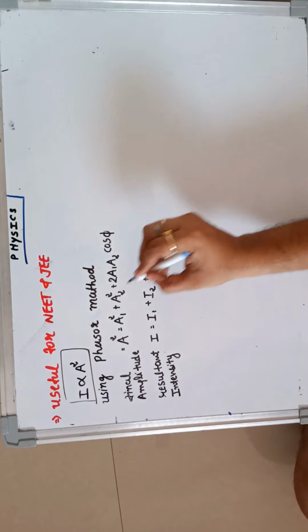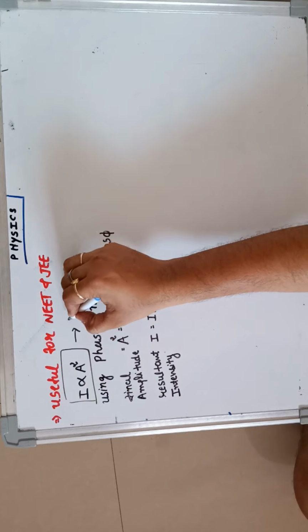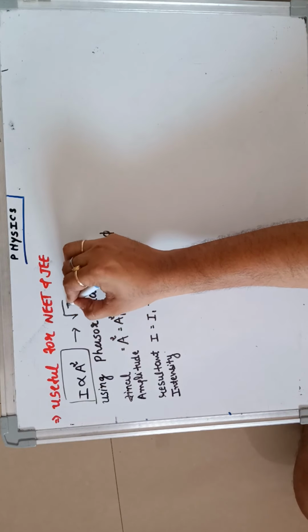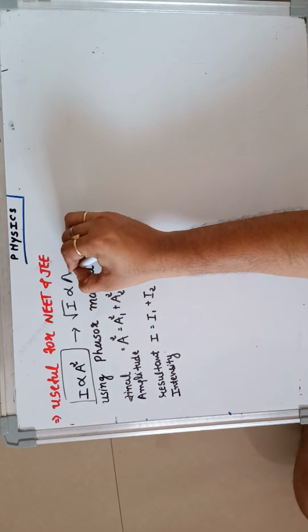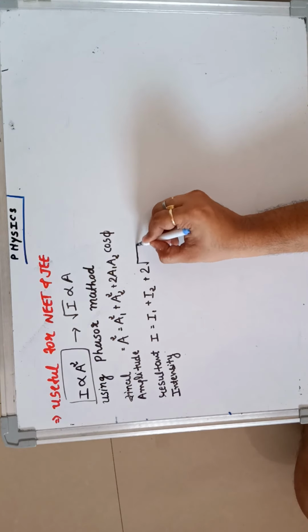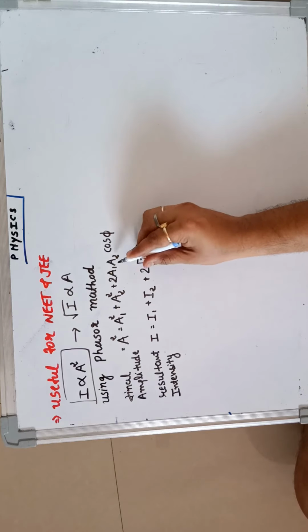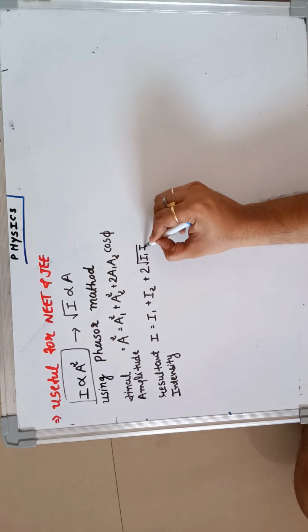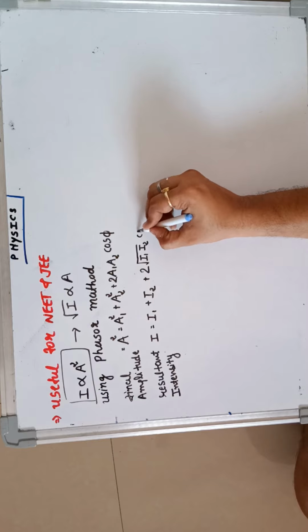Now we can write that under root I is proportional to A. So we get 2 under root I1 and under root I2, take the common under root, and cos phi.